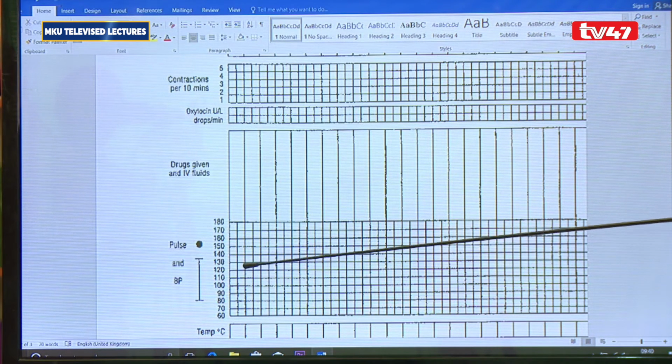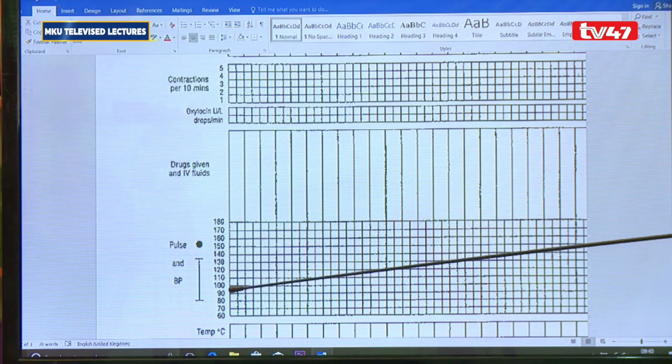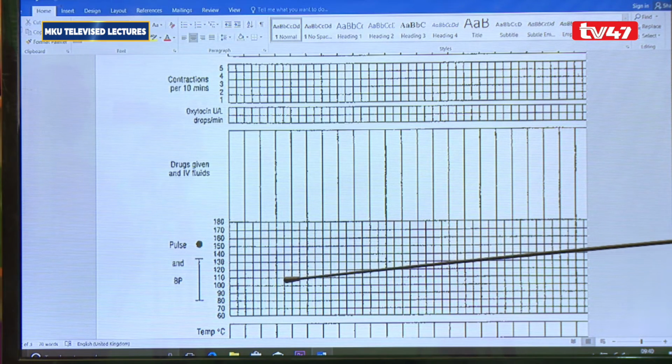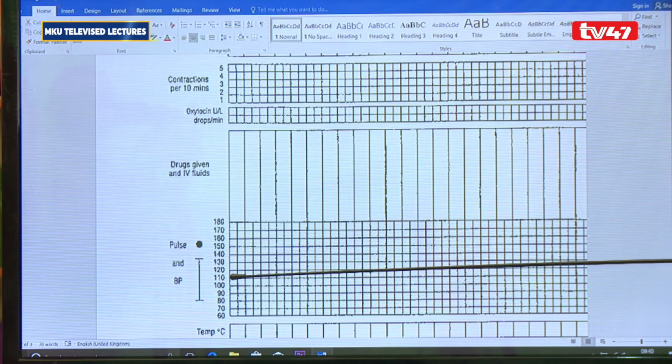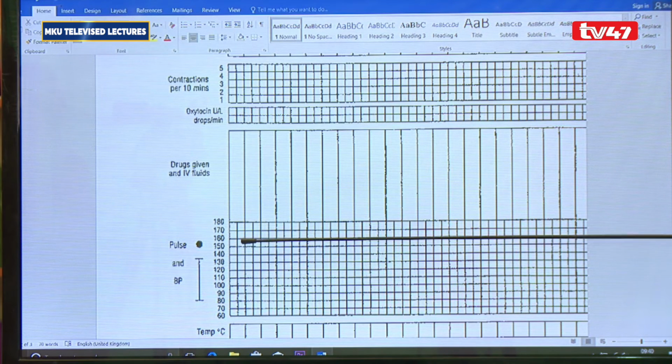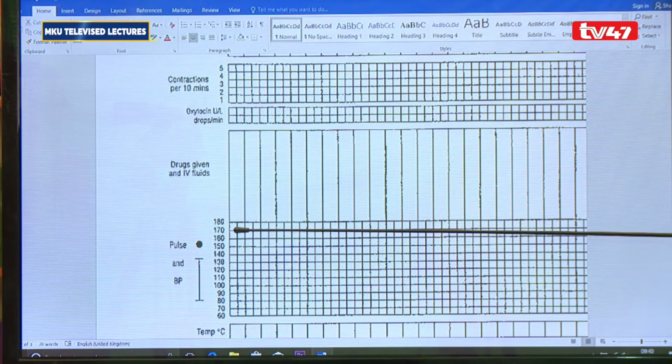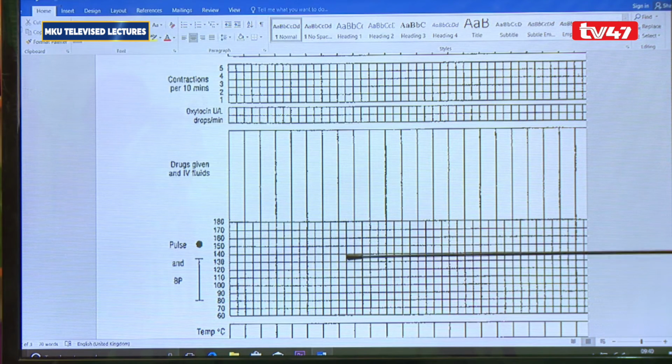Any heart rate in a mother that is above 82 beats per minute will arouse interest to us as midwives, because it means this mother could be going into maternal distress, in which case we have to take corrective action. But for the fetus, it is between 120 and 160 beats per minute.